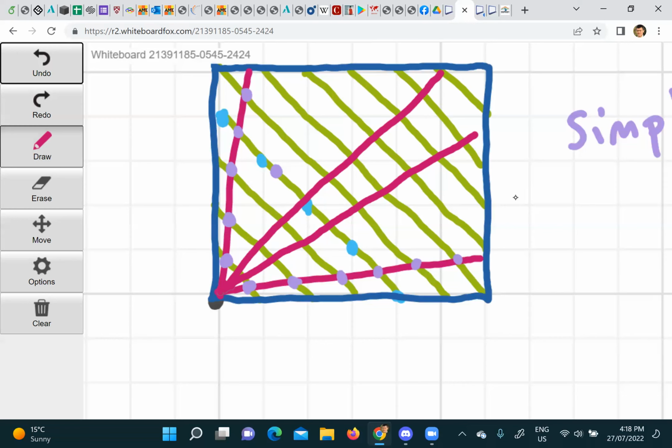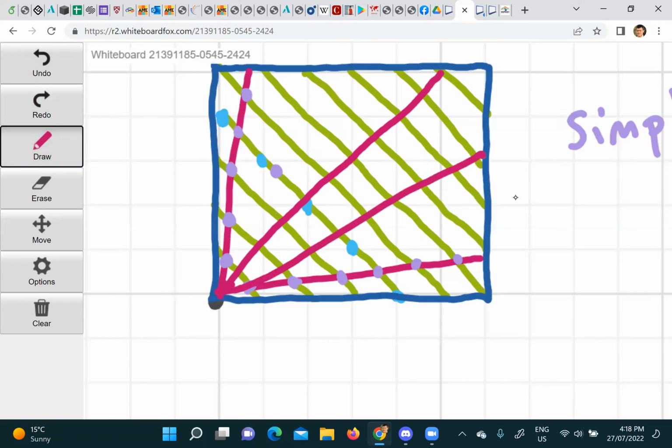So all you'd have to do is get one of them to cut all 10 green lines, right? And then you'd have the other one cut these green lines. See? Because you don't need to cut this one because there's only one square anyway, right?